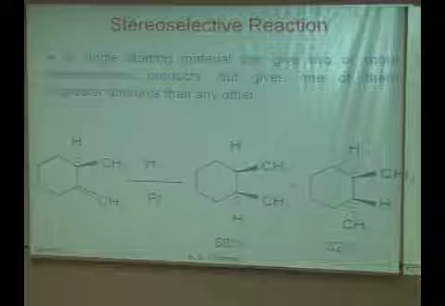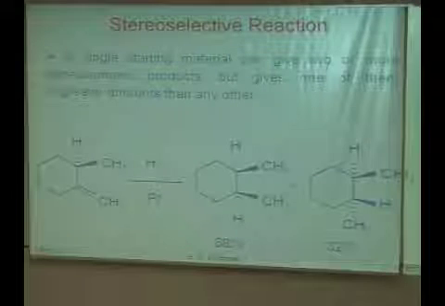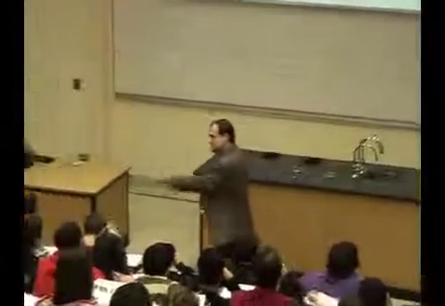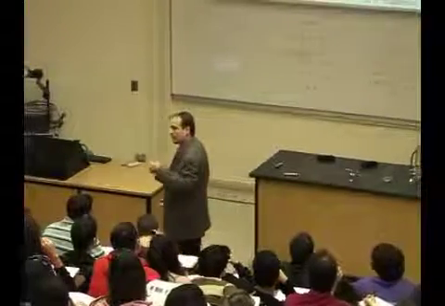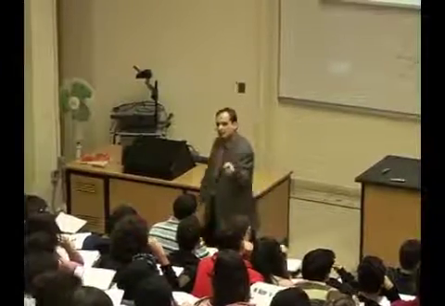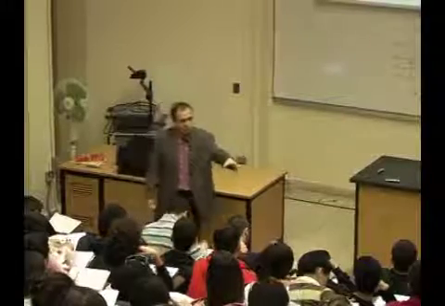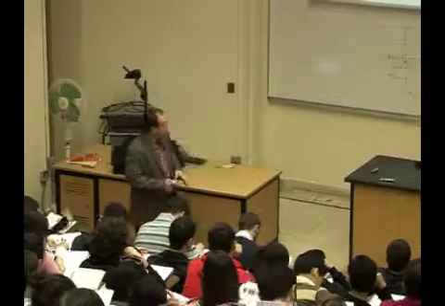We will understand why after we go over the mechanism. So the reaction is selecting one stereoisomer to be in excess of the other. The reaction is called stereoselective.